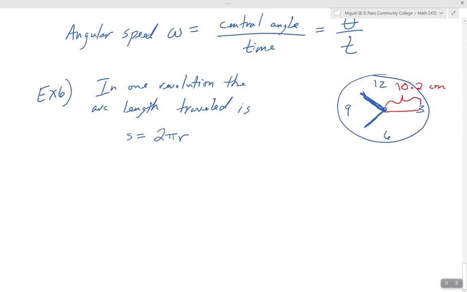So 2 pi obviously because we're talking about a whole revolution, right? 2 pi all the way around the circle. The length of that second hand, 10.2 centimeters. So that's our radius, right? 10.2.